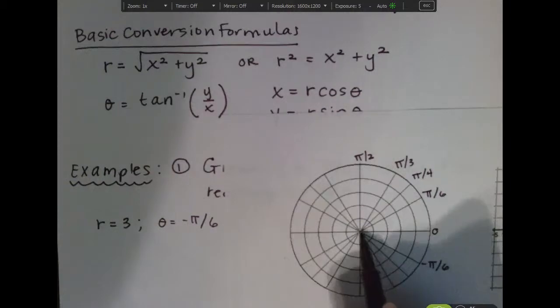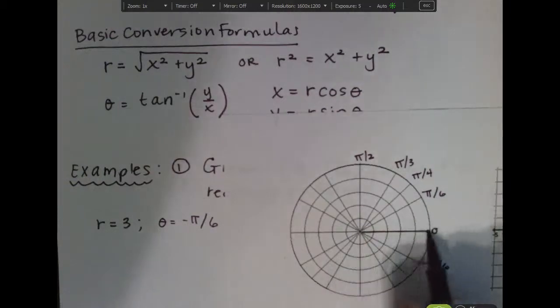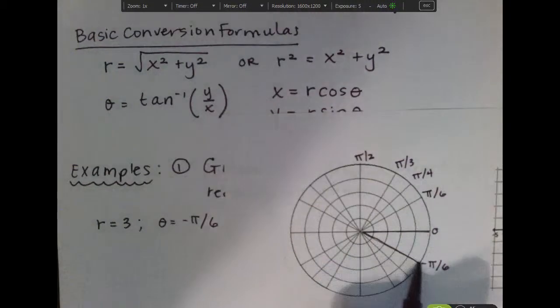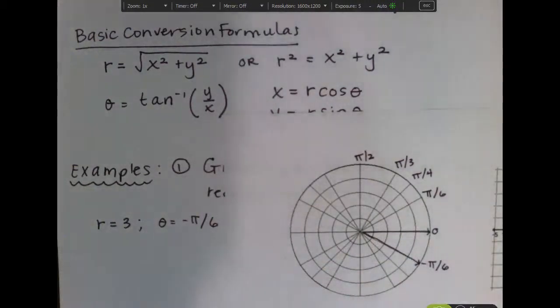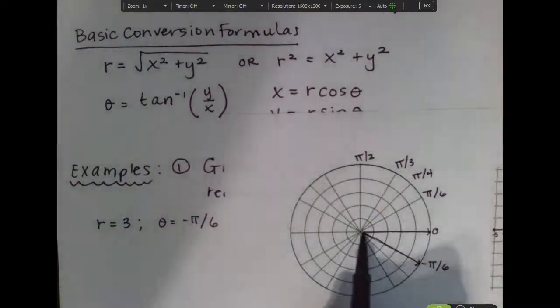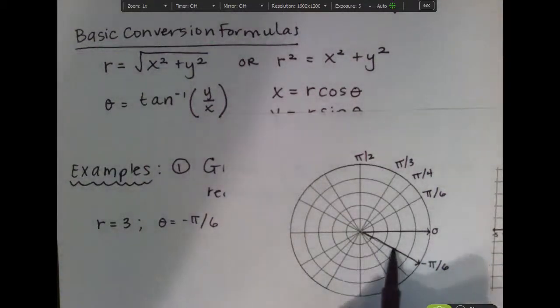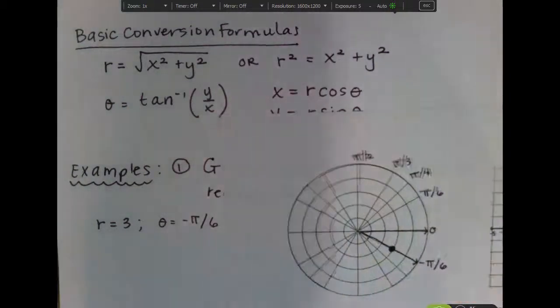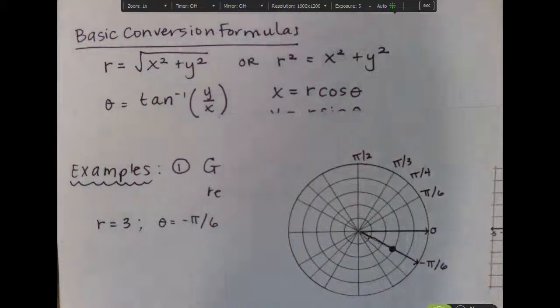So I'm creating an angle with the positive x-axis of negative pi over 6. That creates the angle, but to actually plot the point, I go to that terminal side of the angle and go out 3 radius lengths, or 3 circles, to plot my point. That would be the location of the point 3, negative pi over 6. It's in the 4th quadrant of the polar grid.